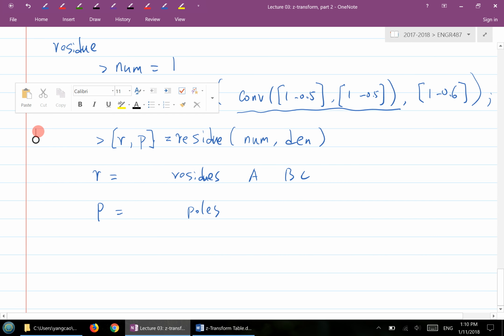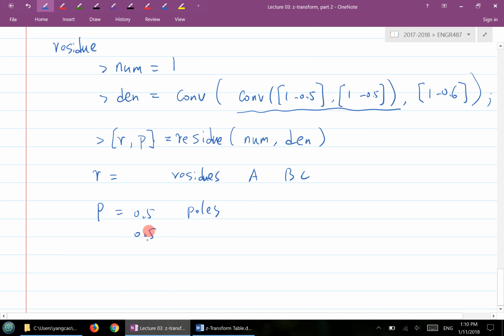For example, you may have 0.5, 0.5, 0.6, right? In this case, it's going to list the 3 poles, and also list 3 residual values for R, A, B, C. The first one corresponds to Z minus 0.5 to the power 2, the second one corresponds to the other one, and the third one is this. So that's how you will use this residue command to help you.